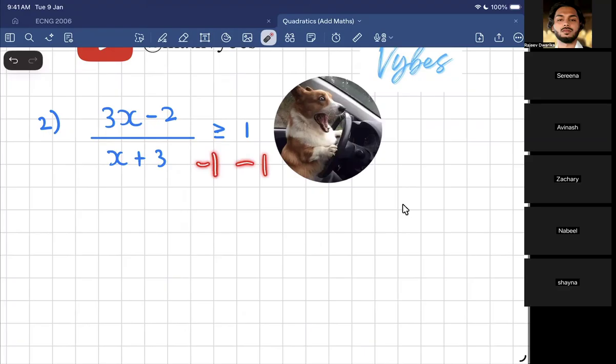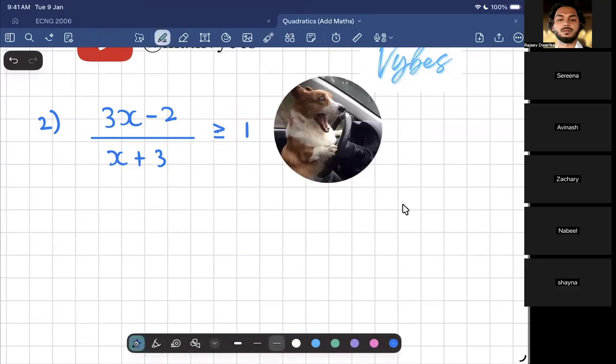Another way to think about it is take the one here and just move it across. If you take everything from this side and move it across, it becomes minus one, and it's just going to be zero on the right hand side now.